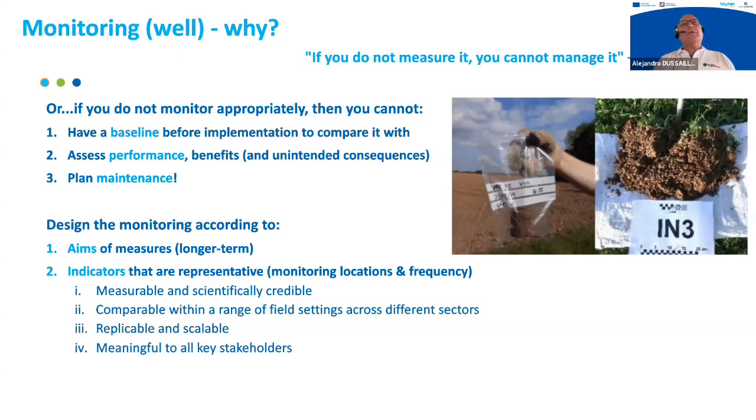So what do I mean by indicators that are representative? And this is not myself, this is a summary of 3 or 4 key aspects that all good indicators should have. They should be measurable and scientifically credible, so others can say, yes, that is a reasonable indicator. They need to be comparable, because it's not only about your site, but actually collective learning about sites that are similar but in different contexts of climate, of geography.